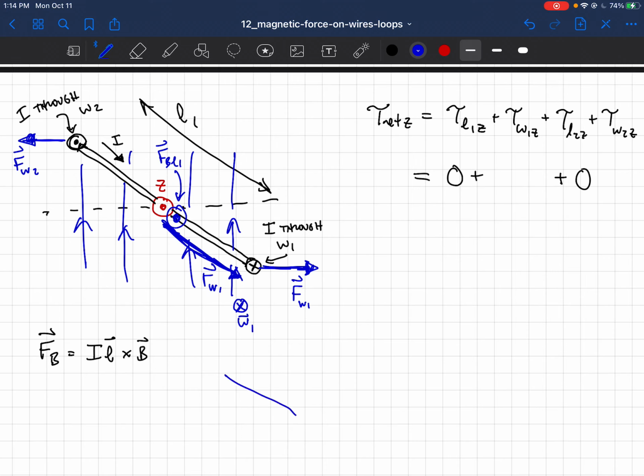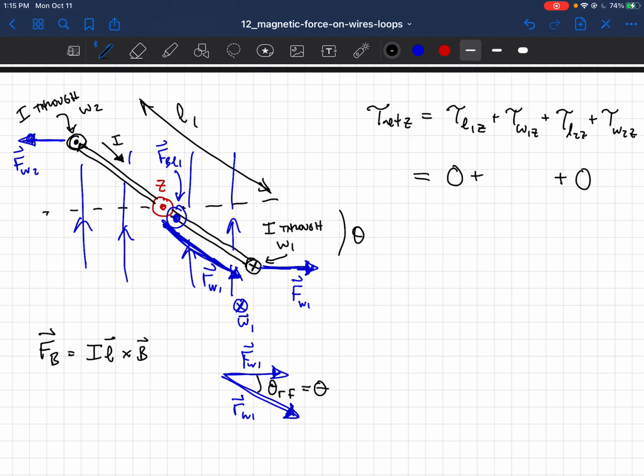There's an angle between them. So we have an R vector that looks like this, and we have a force vector that looks like this. And there's an angle between them. So this is the angle RF right there. So if there's some angle here, theta, then that's exactly equal to theta.